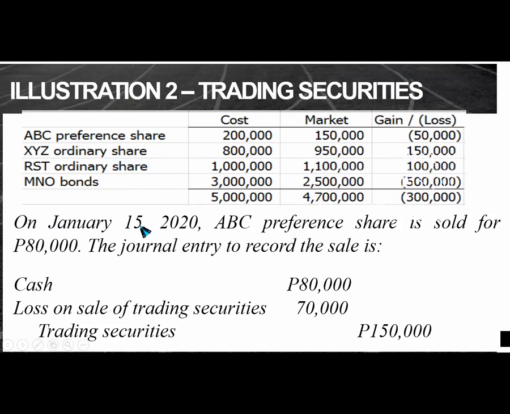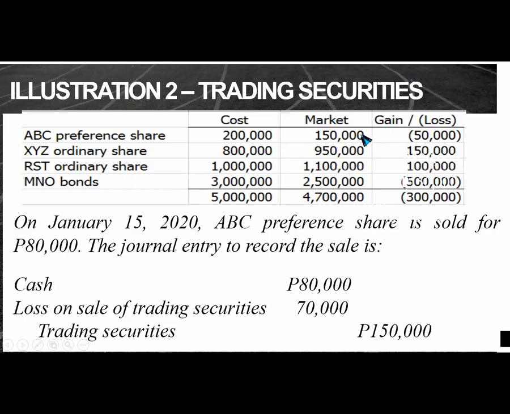Now, what if on January 15, 2020, ABC preference share is sold for 80,000. So, nabenta natin yung 80,000. Kung titingnan natin, ABC preference share, yung cost niya, 200,000 initially. Pero nung December 31, naging 150. So, take note that when you want to compute for the gain or loss sa sale dito, tingnan natin yung latest natin na market value, kasi 'di ba last valuation natin was on December 31.